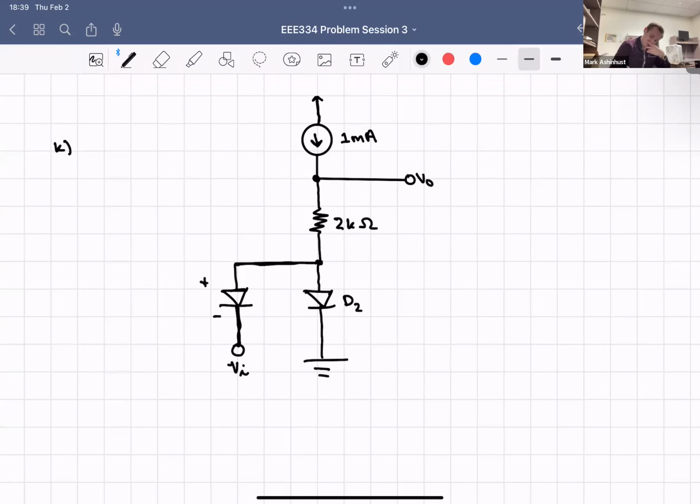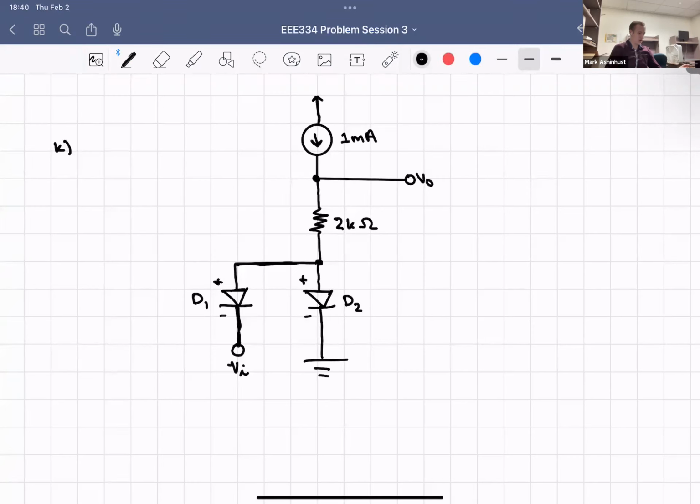Remember, we got our positive, negative, anode, and then our cathode at the bottom. And then this one is D1. Labeling the diodes helps you get a good understanding of what they look like and whether you're setting it up right or not.